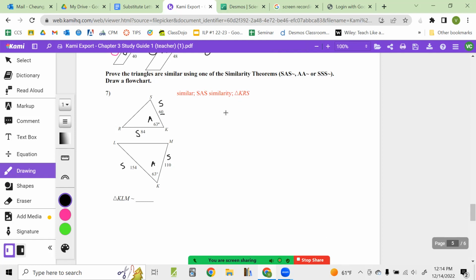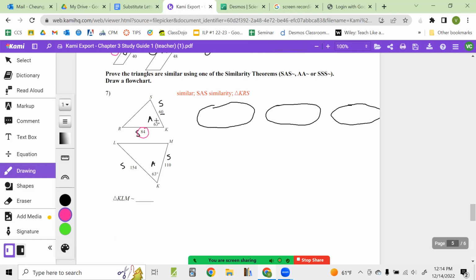But then of course the conditions have to be met, right? So let's see if they are met. But my guess at this point, you should be guessing, hey, I think it could be SAS. So the first thing we're going to do, let's look at the biggest side. Okay, that's 84.